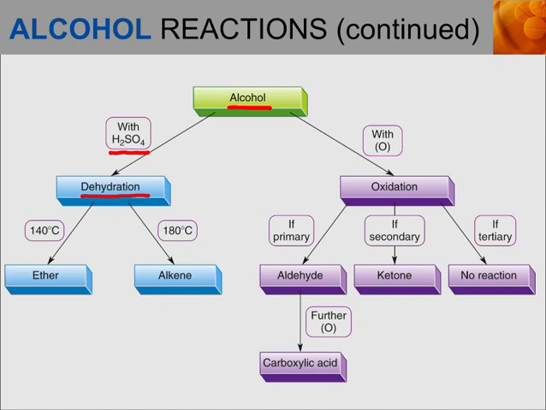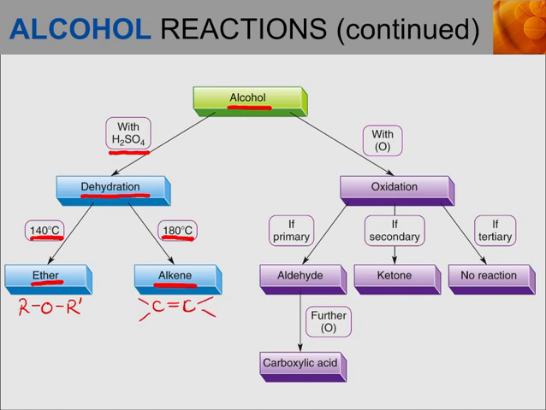Remember, if you heat your solution to 180 degrees Celsius, you get an alkene. But if you heat your reaction to 140 degrees Celsius, you get an ether. Let's write the generic forms here.